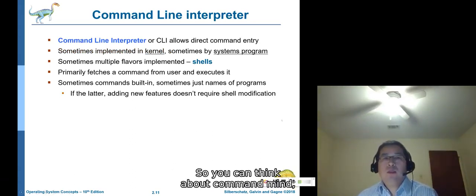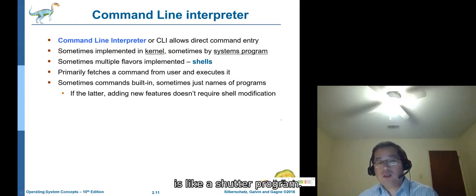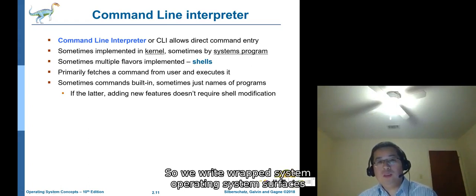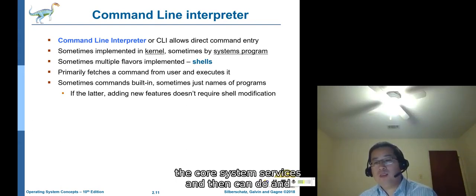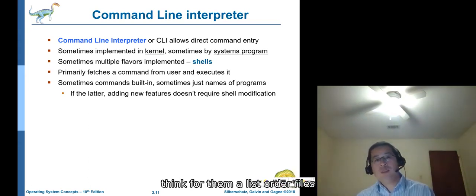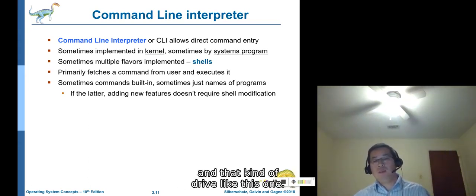You can think of a command line as a short program. We wrap operating system services as a command line, and this command line is in fact a core system service that can do one thing, for example, list all the files in the current drive.